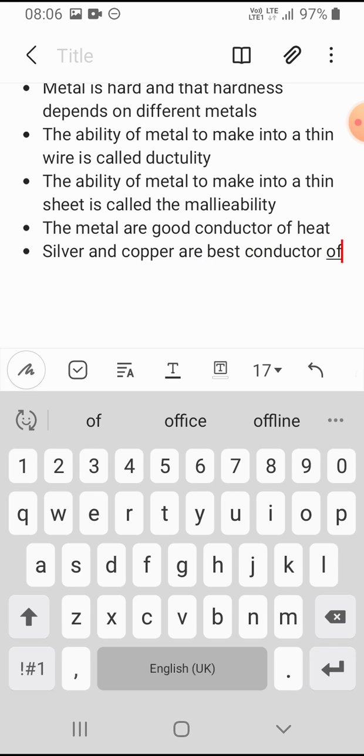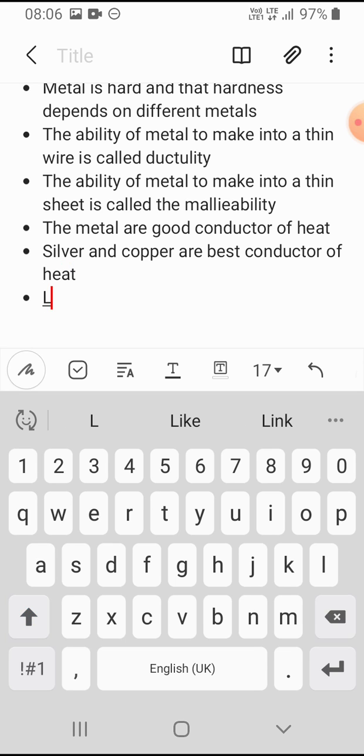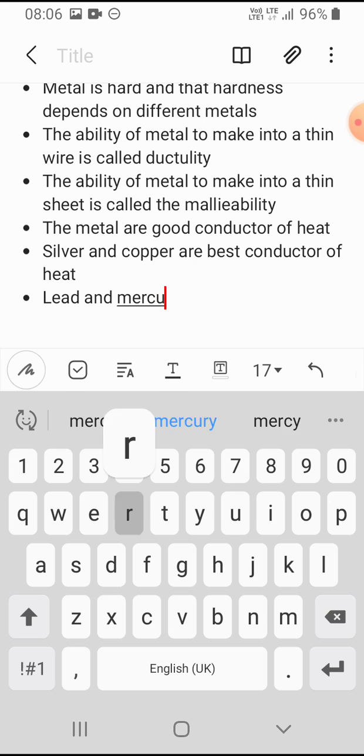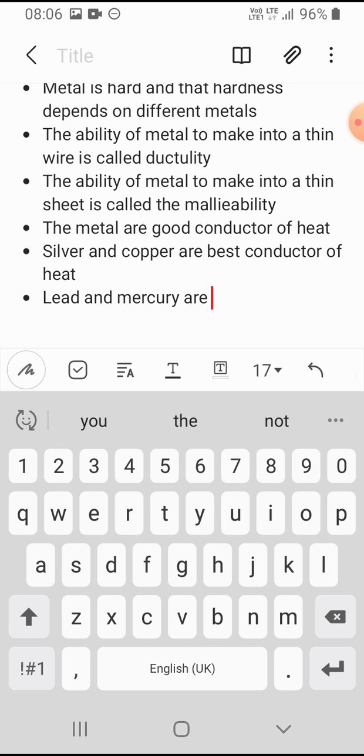Lead and mercury are poor conductors of heat. We cannot use them as conductors of heat.